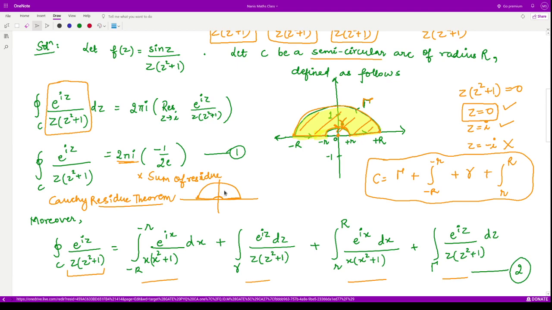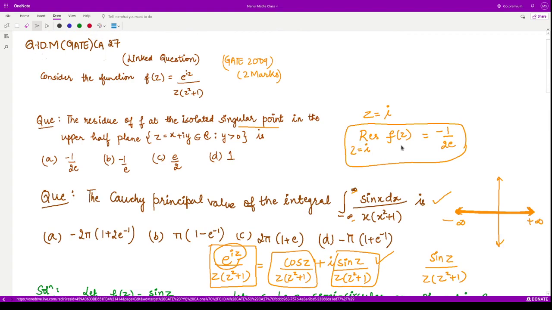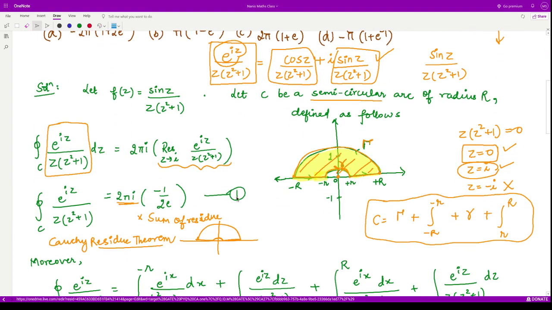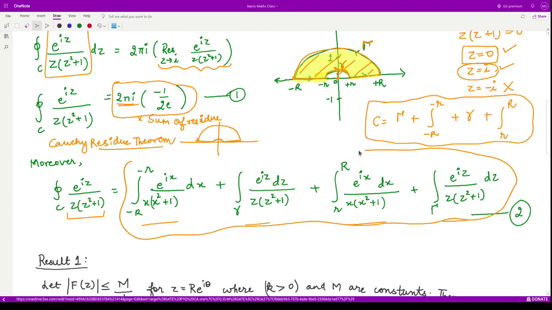Here we only have a singularity at the point z equal to iota, so we calculate the residue at the point z equal to iota. Using the previous part, we have already calculated the residue of this function at the point iota, and that value is minus 1 upon 2e. So we have just substituted the value. From 1 and 2, you can equate this whole thing to this whole thing, and now we can evaluate this.